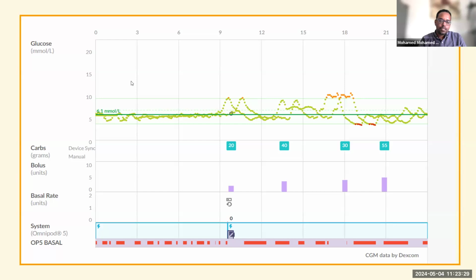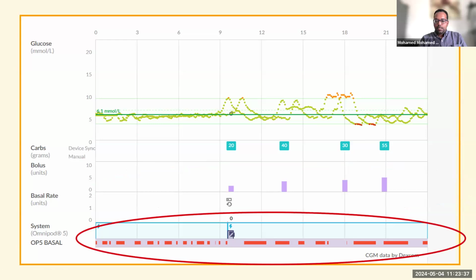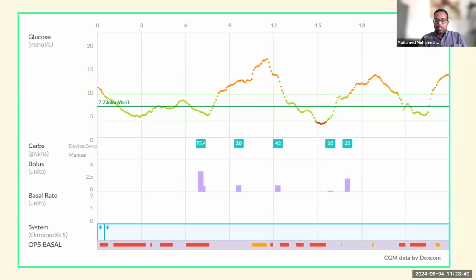Any questions, guys? Another patient, not a very good day. Tell me what you can see.